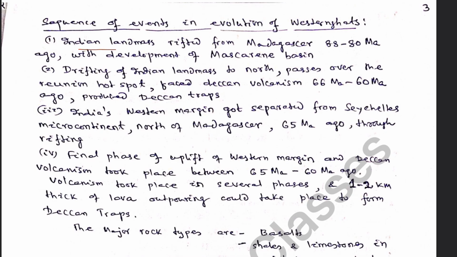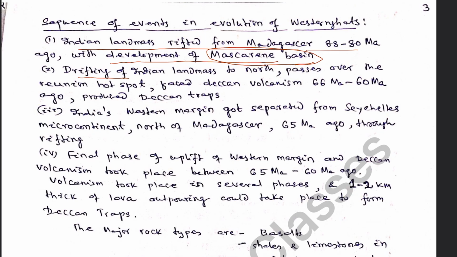Indian landmass started rifting from Madagascar during 88 to 80 million years ago with the development of the Mascarene Basin, which is a part of the Indian Ocean. This basin came into being because of rifting of India from Madagascar.